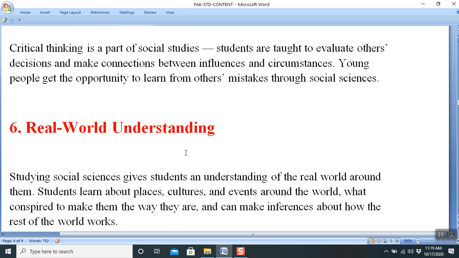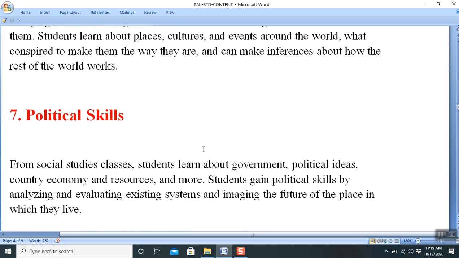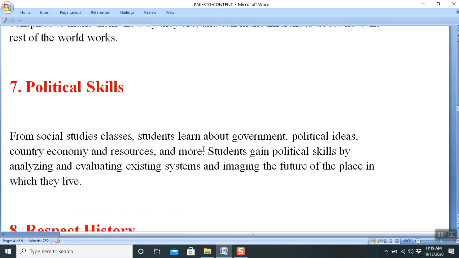Life is bitter. Social studies give you the chance for real world understanding and political skills. Everybody is talking about politics everywhere in the world, but politics without knowledge and reason is bickering, quarreling and fighting. यही वजह है the people are fighting. They are following the political parties, establishment blindly. Clear?